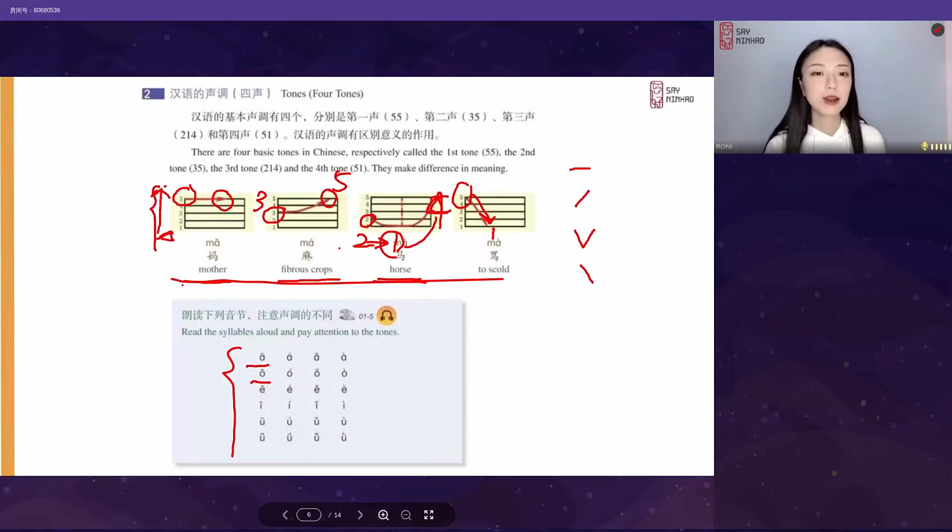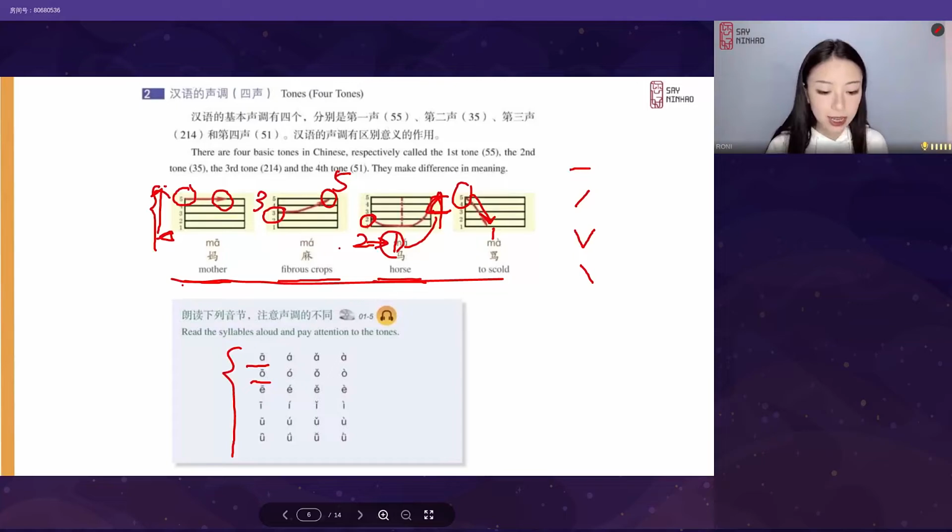Okay, try to read it. Wo. Next one is wo. Second tone, and third tone is wo. And fourth tone is wo.